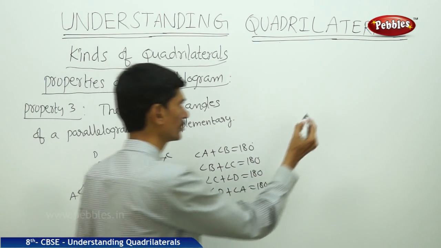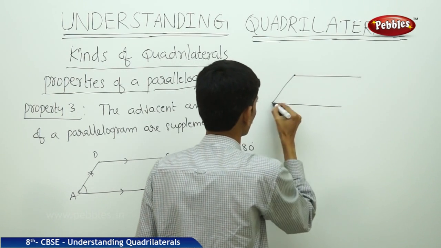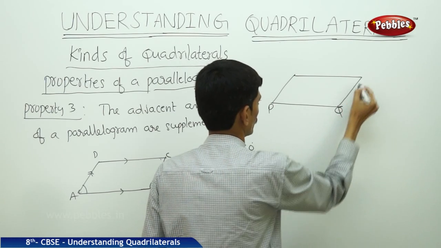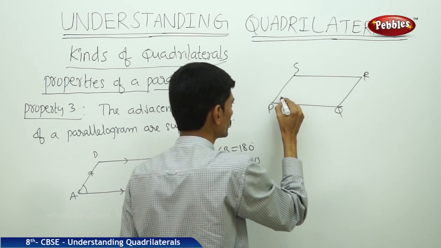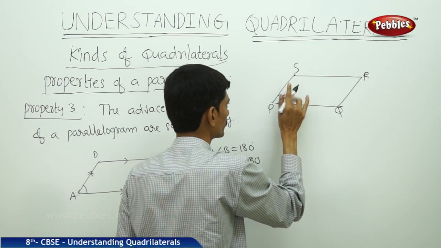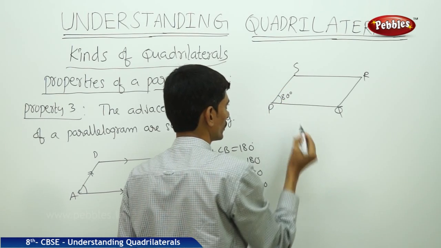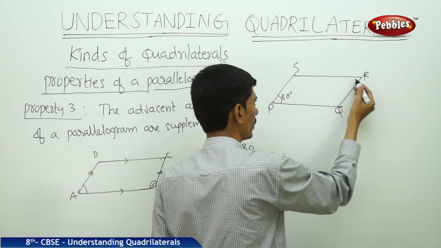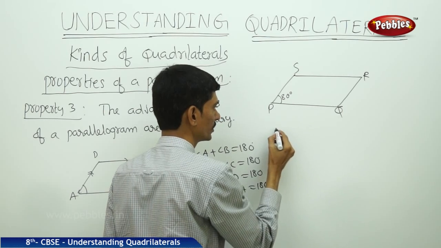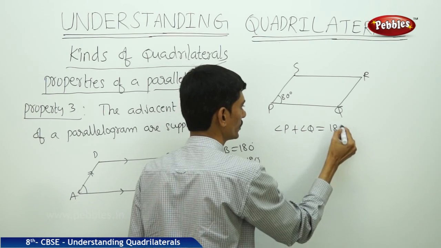So if you consider a parallelogram ABCD or any parallelogram PQRS, so one angle is given that, angle P is 80 degrees. Then what about the angle Q and angle R and angle S? So since angle P and angle Q are supplementary, we can write angle P plus angle Q equals to 180 degrees.